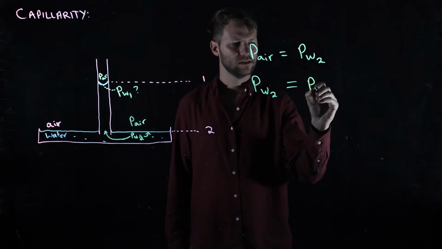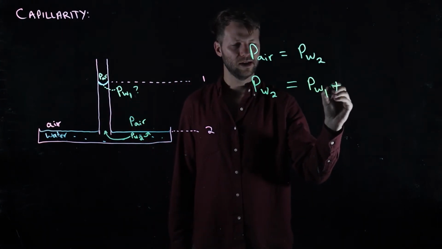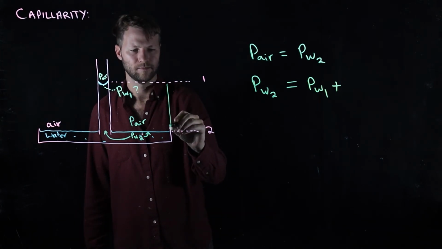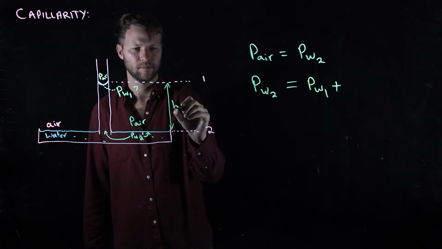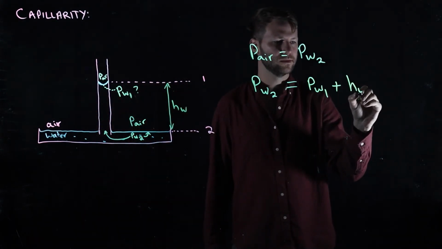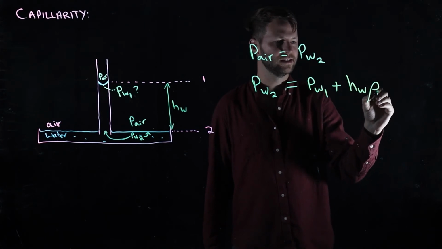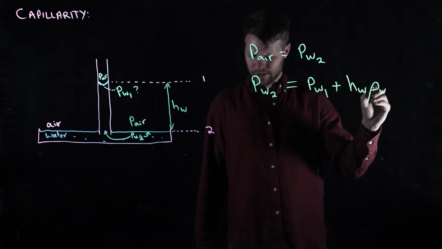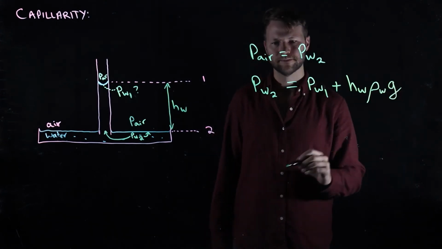So PW1 plus this distance here, which we'll call H sub W, H sub W times the density of water. This is not pressure, this is a rho, times Earth's gravity here.